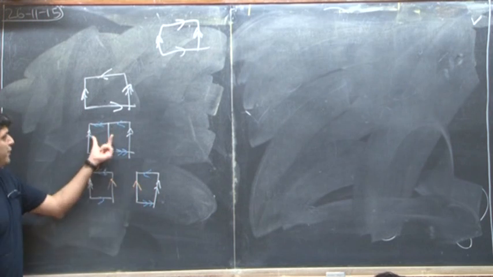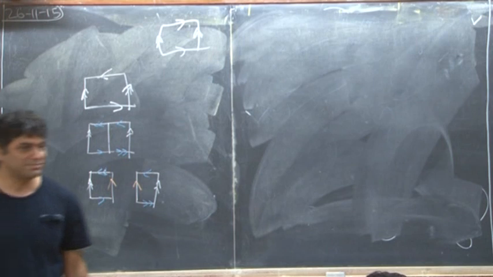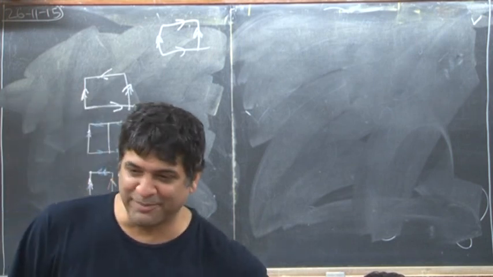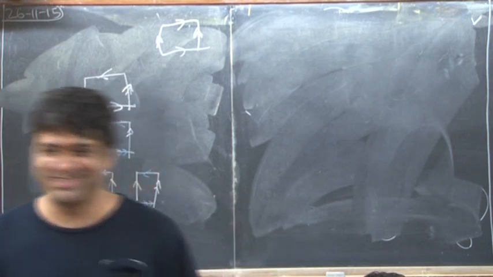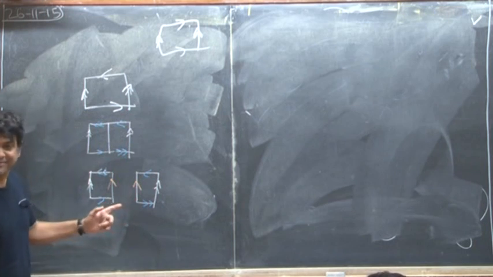This is just a stupid way of saying this, because if I identify this side with this side, that's the same as this side. So far it looks like I'm behaving like a mathematician, like I'm playing around for no particular reason. Okay, so now comes the point.